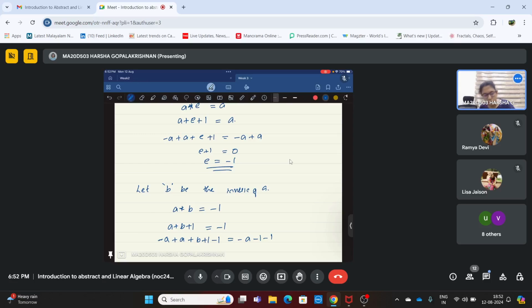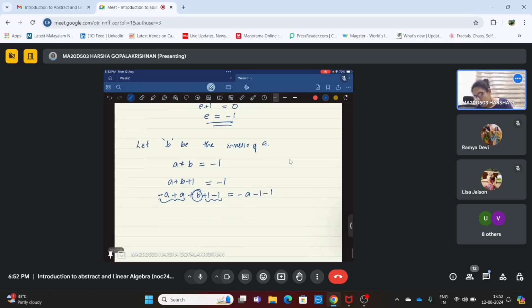Correct? So what we are doing is adding the inverse so that this term gets cancelled, this term gets cancelled, and we remain with our required element B. It is not just changing from one side to another side. This is the operation. So what we are getting is B equal to minus A minus 2. Clear? So this is the inverse of A.